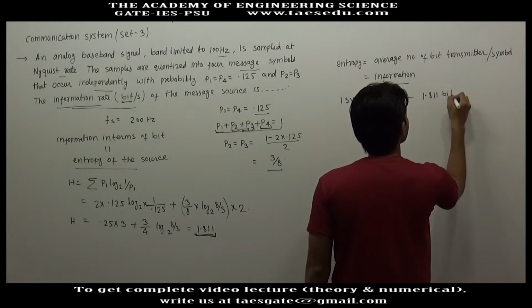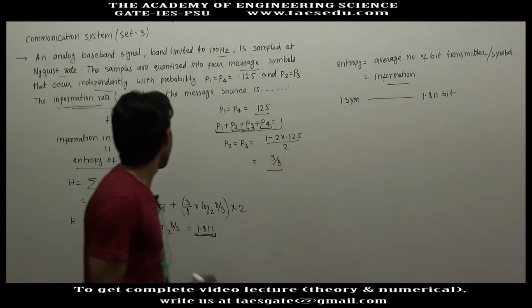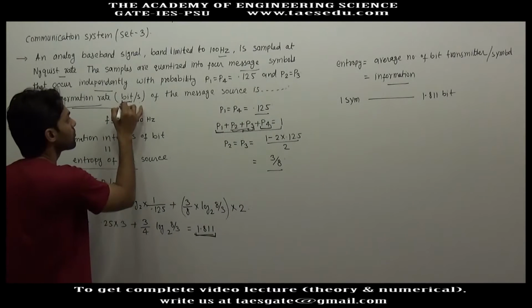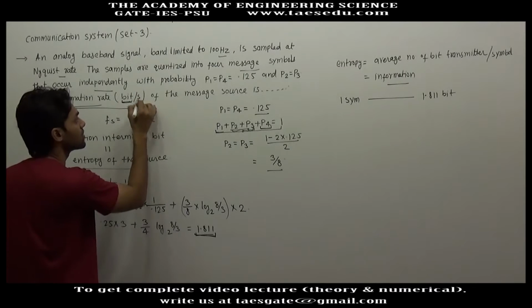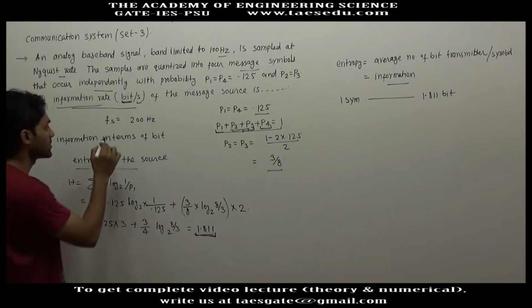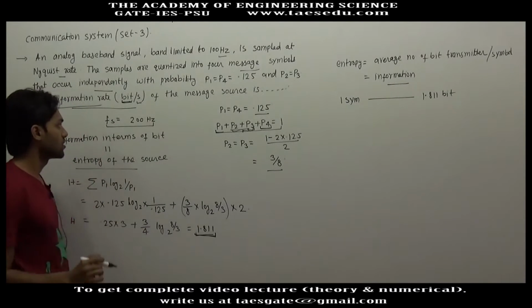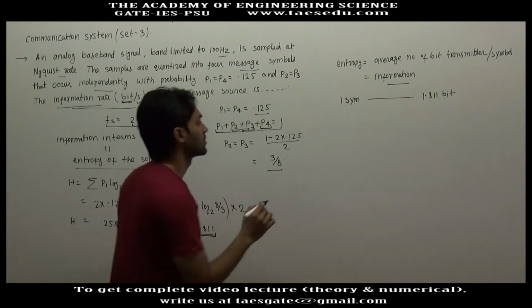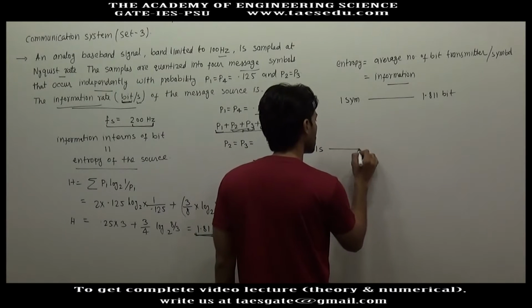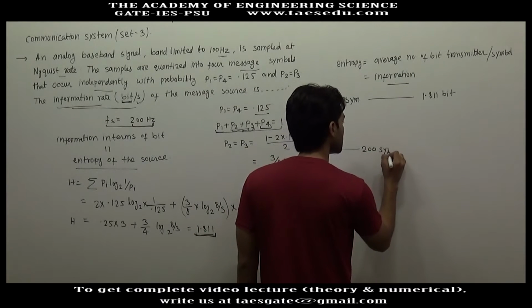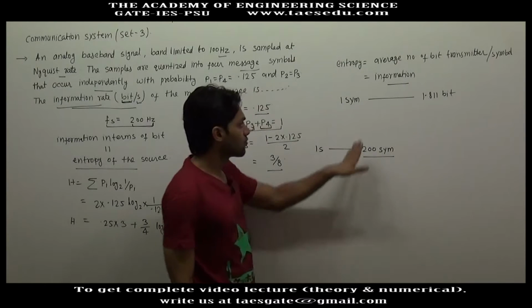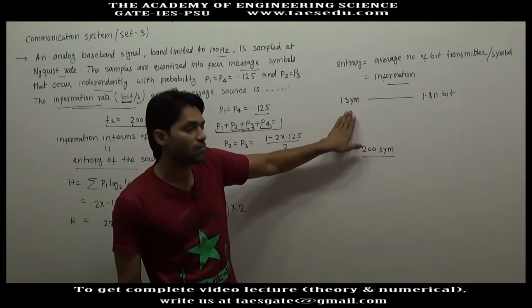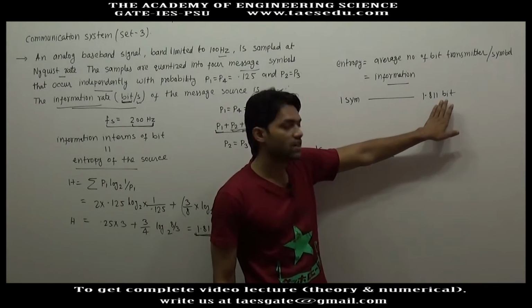1.811 bits are transmitted, but we have to find the number of bits transmitted in 1 second. The sampling frequency is 200 Hz, so in 1 second 200 symbols will be generated, and one symbol is represented on average by 1.811 bits.